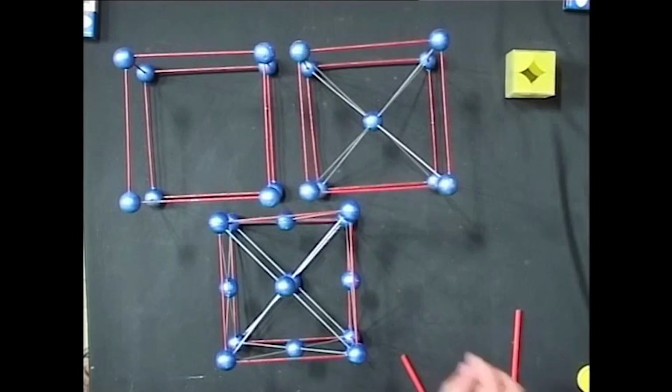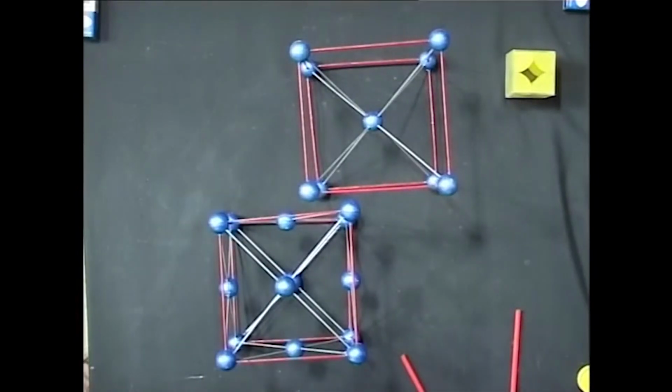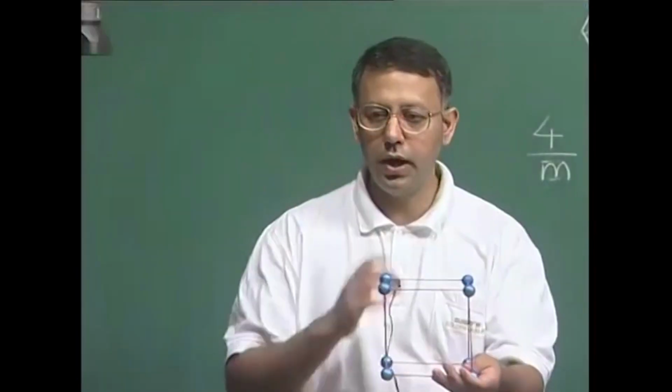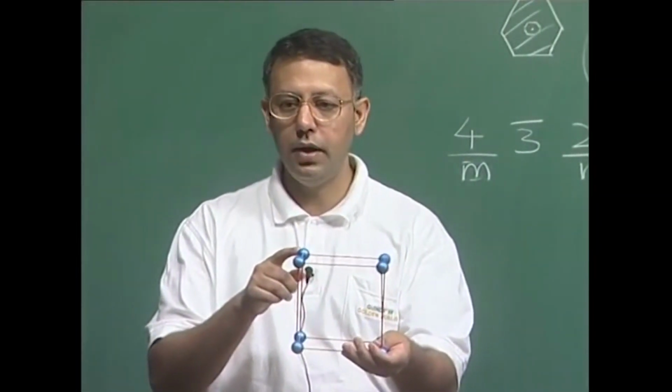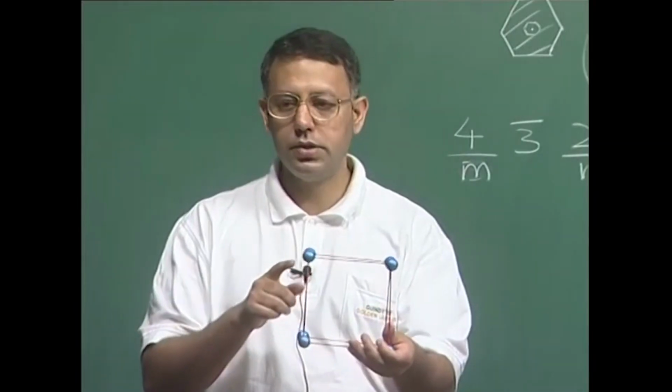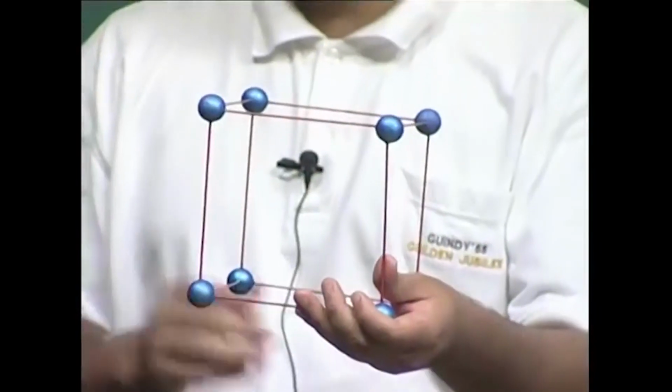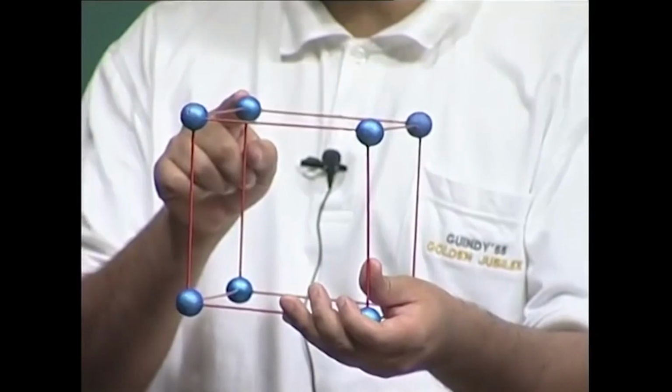So let me pick up one of them in the hand, the simple cubic unit cell. As I can clearly see, this has got 8 points at its vertices. Each one of these points is now shared between 8 such cubes. One cube of course is this one. There will be a cube to its right which will also share this lattice point.